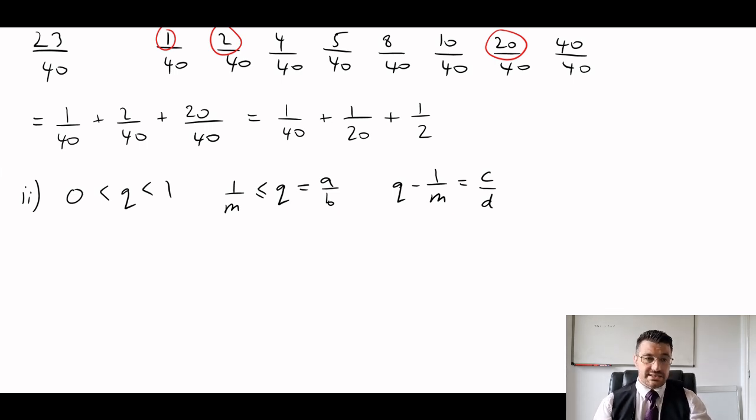Show that C is less than A. So this is what we want to prove.